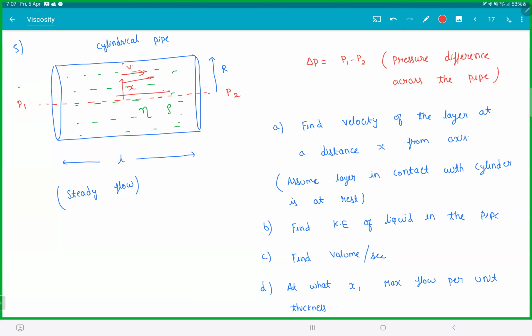As you get closer, it goes faster. So the liquid is actually flowing like this. It flows faster in the center and slower on the edges. So find the velocity of a layer at a distance x from the center. If you got that, you'll get the kinetic energy, you will get the flow, you'll get everything. The first part is the main one. Get this. This is a proper advanced paragraph level question.